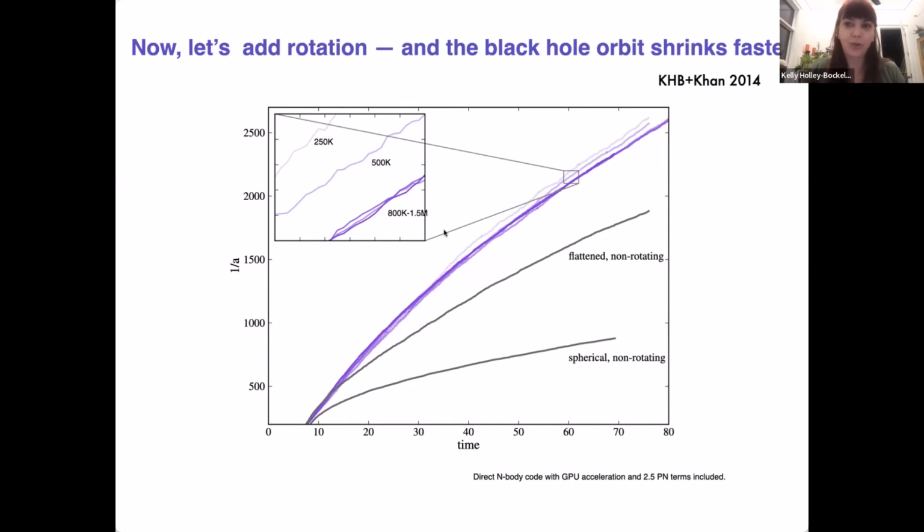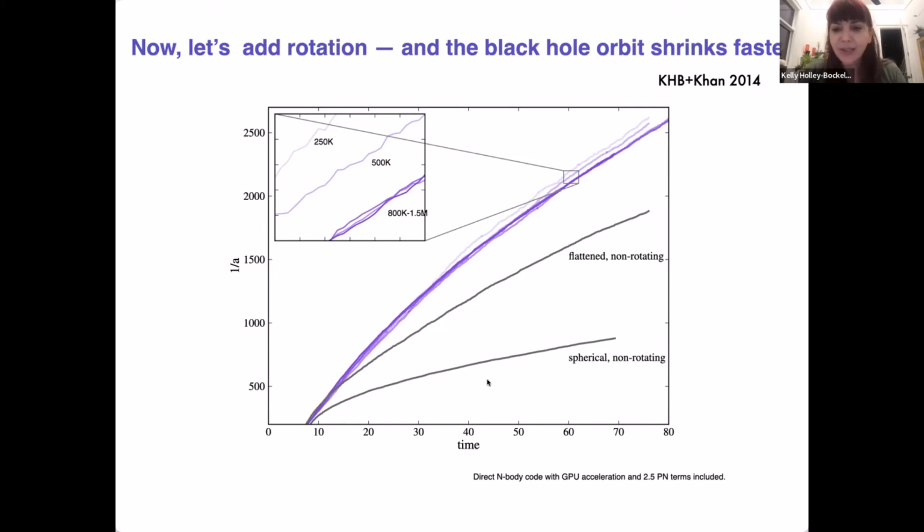And let me just walk you through this plot really quickly. This is the inverse of the separation between the black holes. Sorry, I know it's weird, but this is really close together. This is far apart. Around about here is the separation in model units that it would take to pass from 3-body scattering phase to the gravitational wave merger regime.